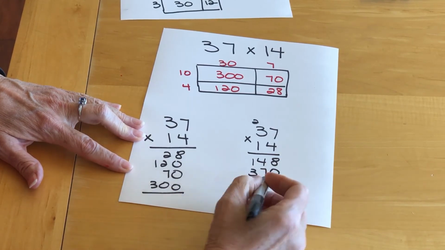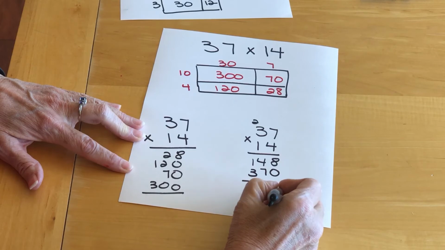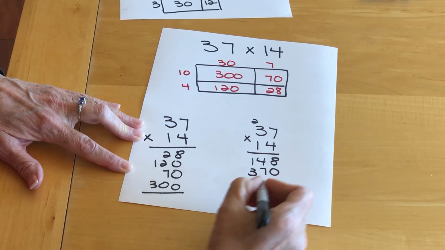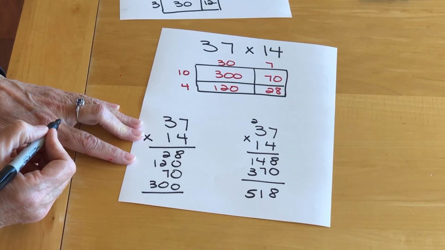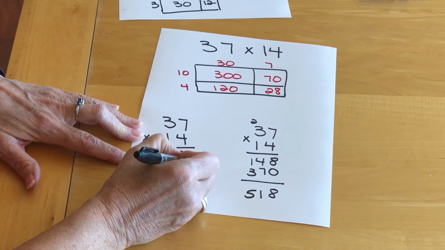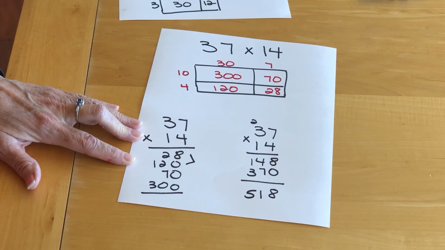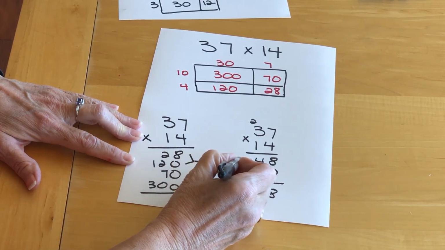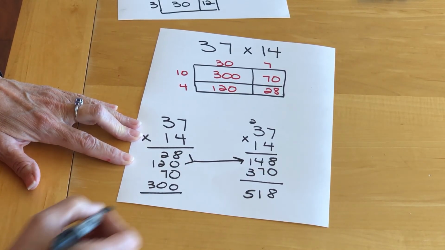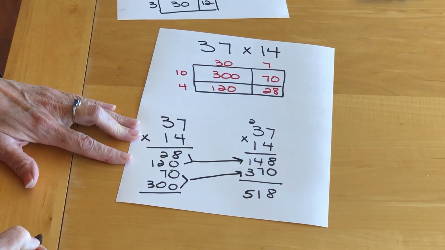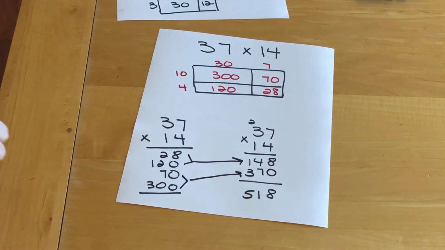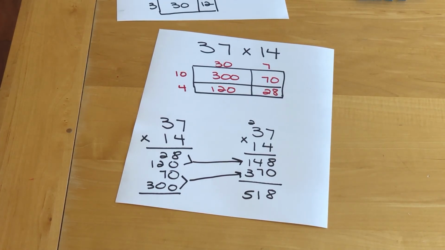Again, place value. When I add together these two partial products, and that's how we refer to them, that's where 148 comes from. These two partial products, that's where 370 comes from. We're learning multiplication with meaning.